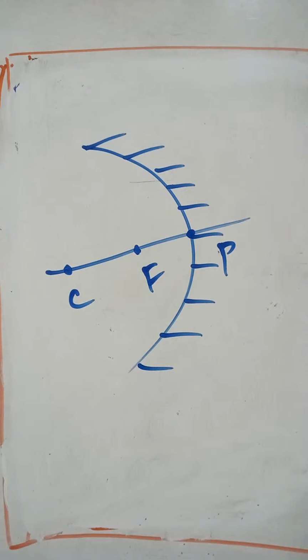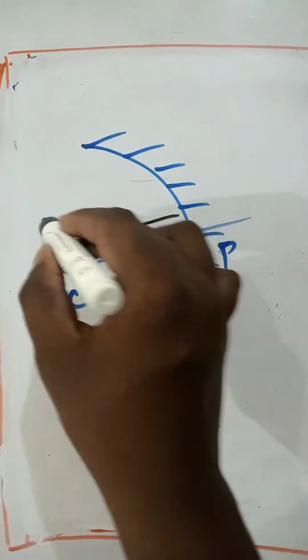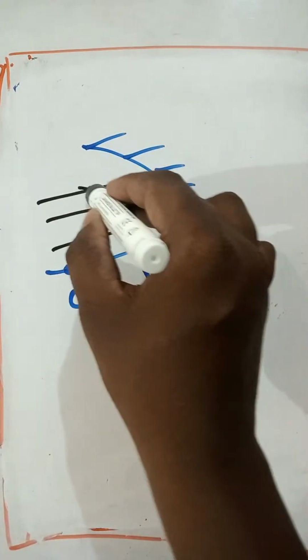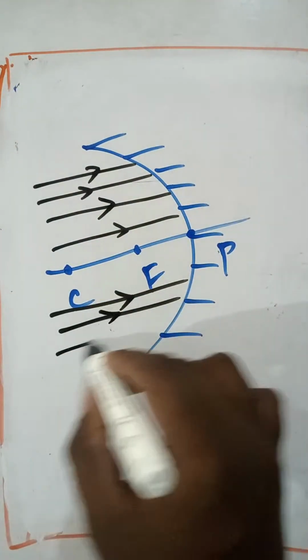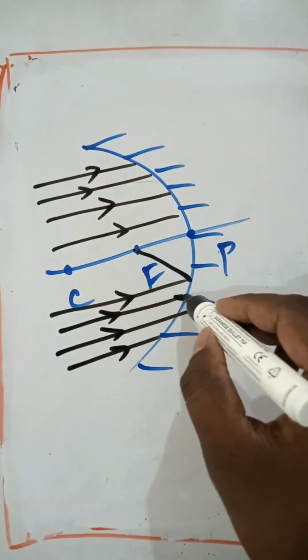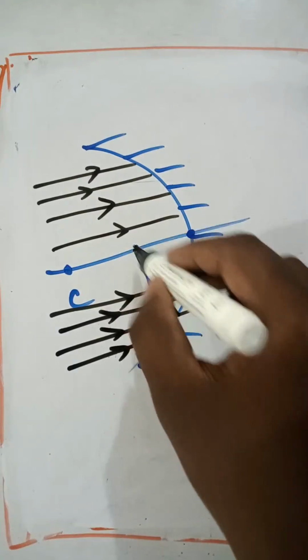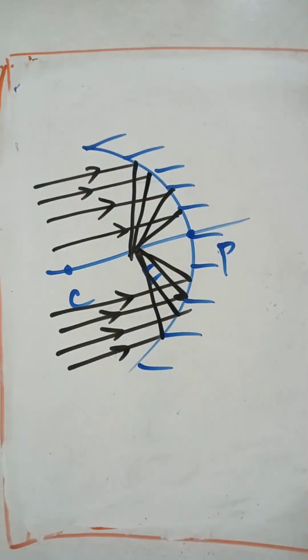If the light rays incident very close to the principal axis, those are called paraxial rays.